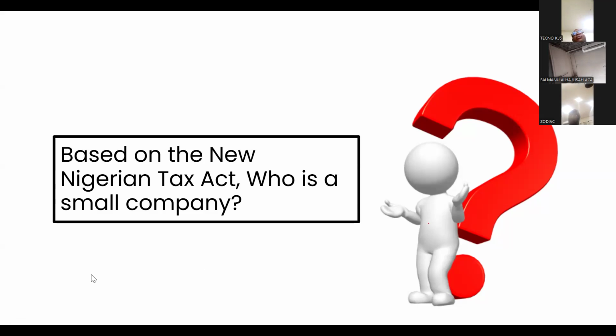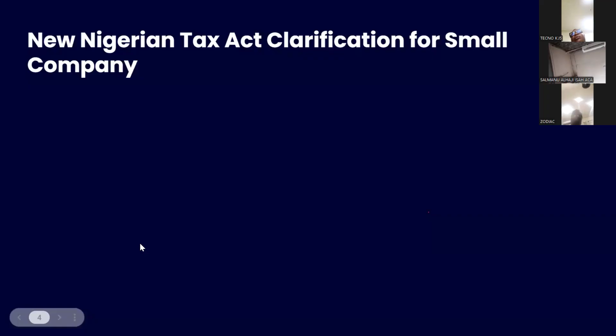Okay, let's see what the slide is saying. The new Nigerian tax has clarification for small company. Recently in June, the president signed into law the Nigerian Tax Act. Then we were waiting for the gazette.